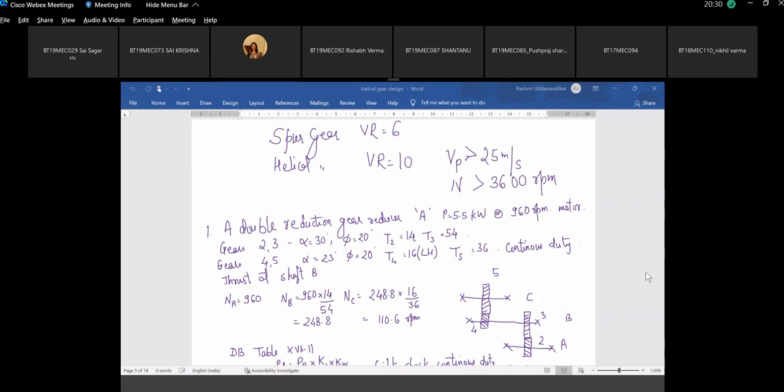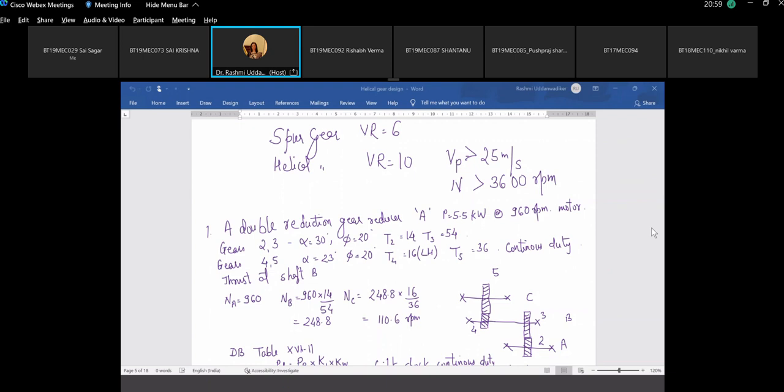Could you please repeat once, Sai Krishna? Sorry, ma'am. Tan alpha is equal to Fa by Ft. So Fa is equal to Ft tan alpha, ma'am. Right. So we know the value of Ft, so we can get the value of Fa.